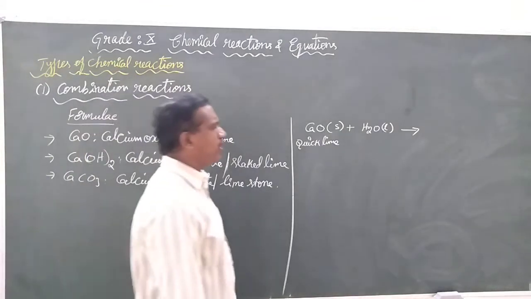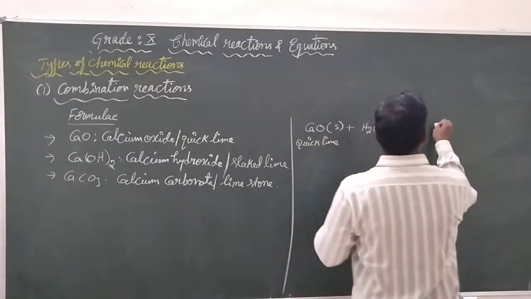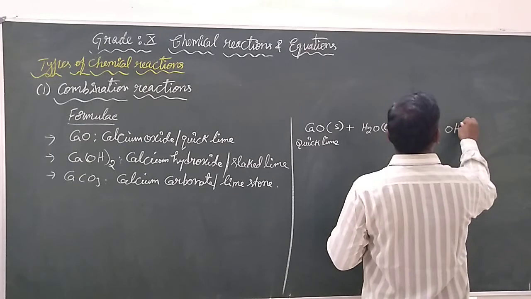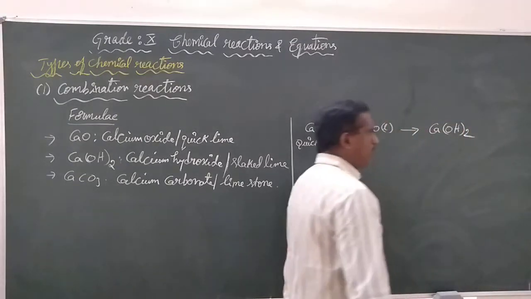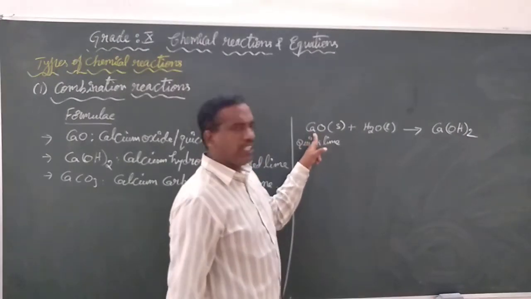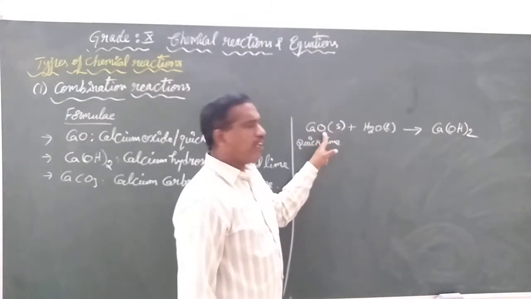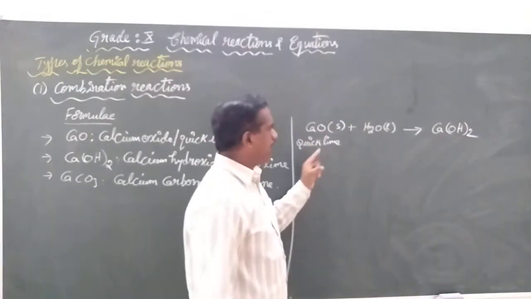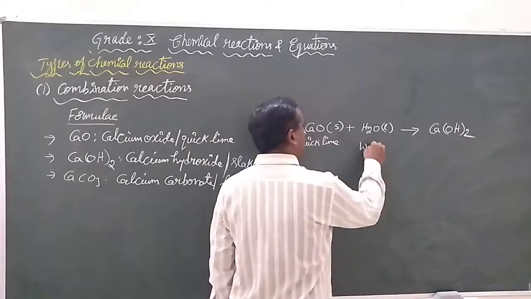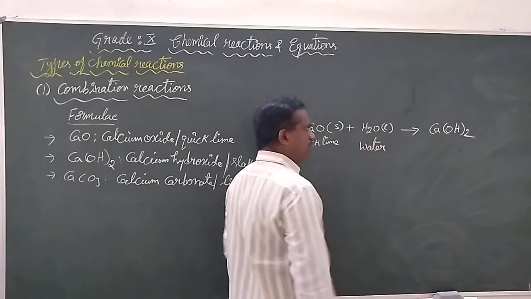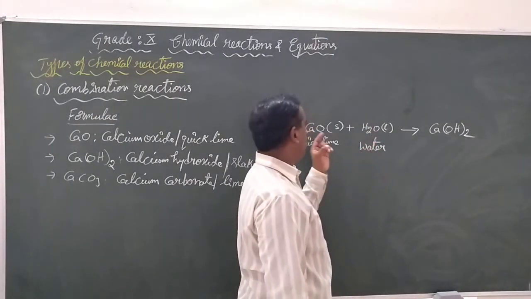One of the major products that we get is Ca(OH)2. We have one calcium and one oxygen in the quicklime, and in the water there are two hydrogens and one oxygen.